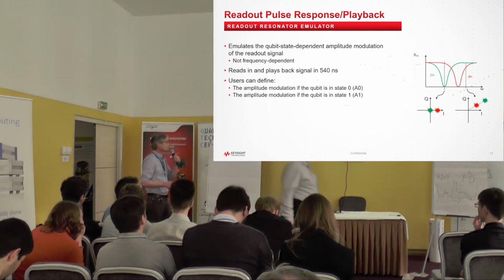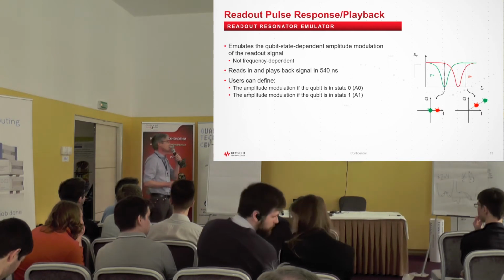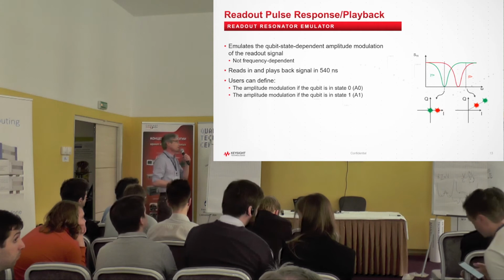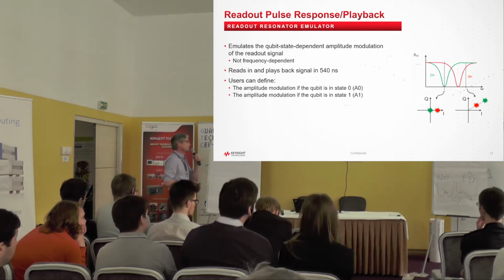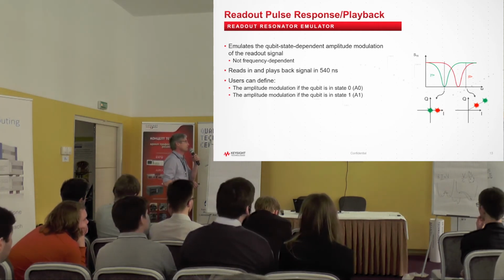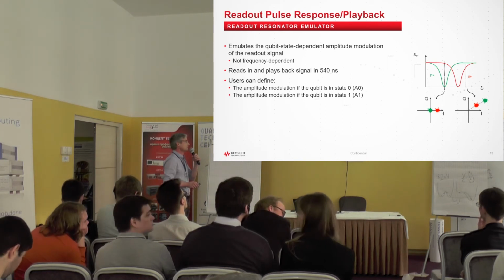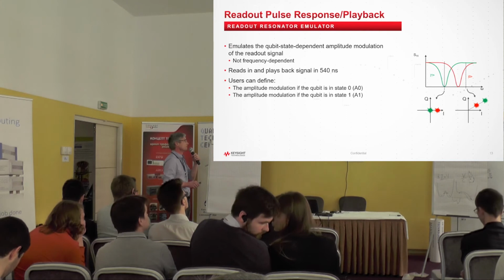So actually, let's look at this diagram. We see by the amplitude in what state our qubit was. We see a different amplitude of the readout signal depending on the 0 or 1 state.